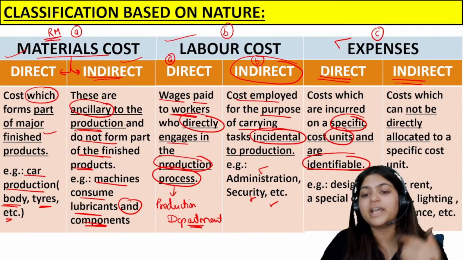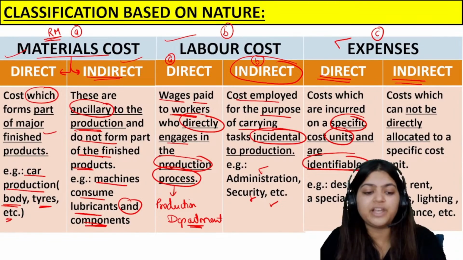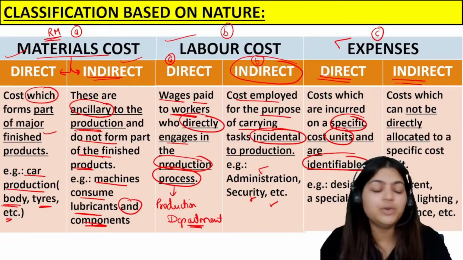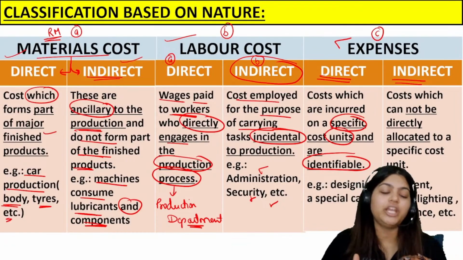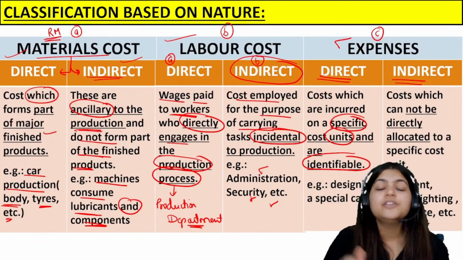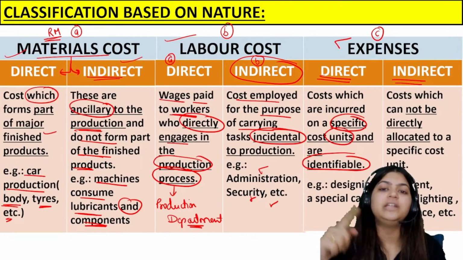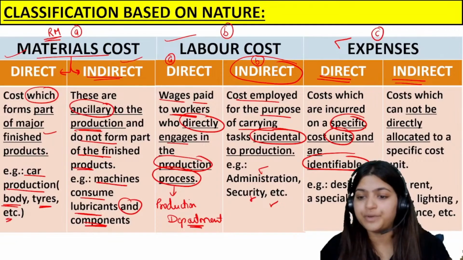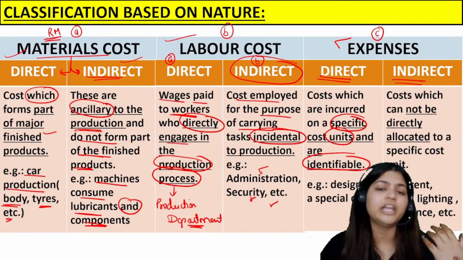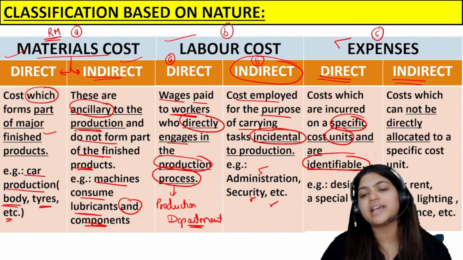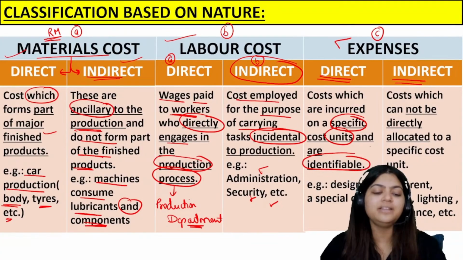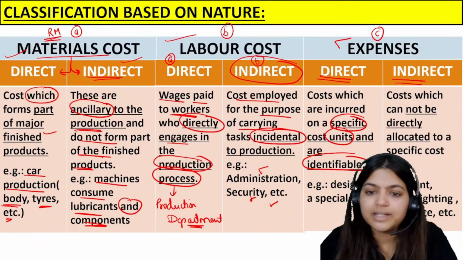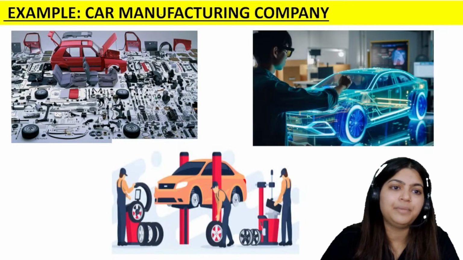When you are appointing design experts to manufacture a very unique kind of calculator, that designing expense is your direct expense. Apart from that, if you're paying for rent, taxes, lighting, insurance, all these expenses are going to be your indirect expenses.